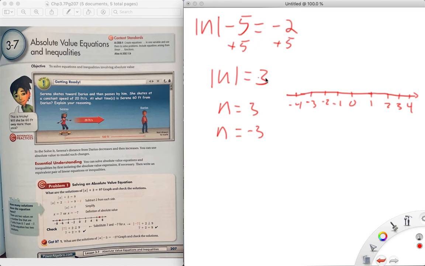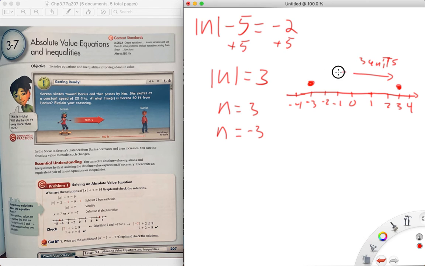And it's going to be, in this case, 3 units from 0. So I'm going to go 3 units from 0 this way, 3 units from 0 that way. Right, I'm going 3 units to the right.